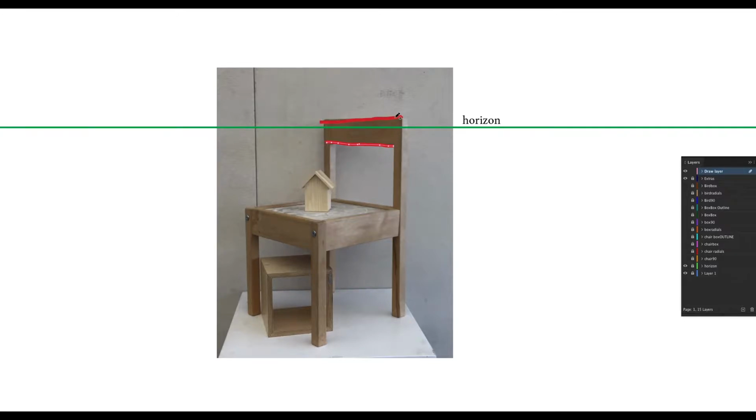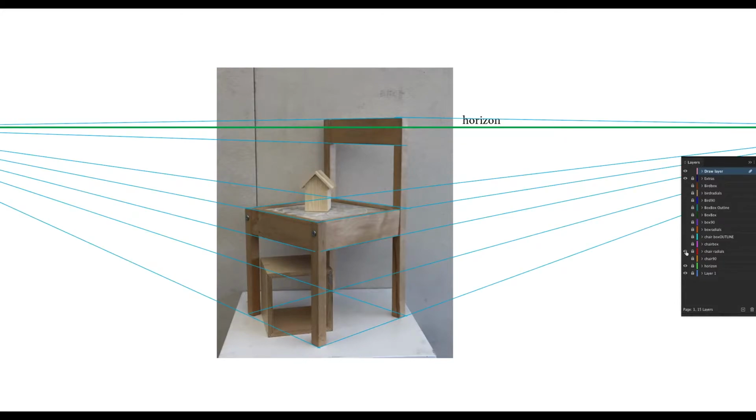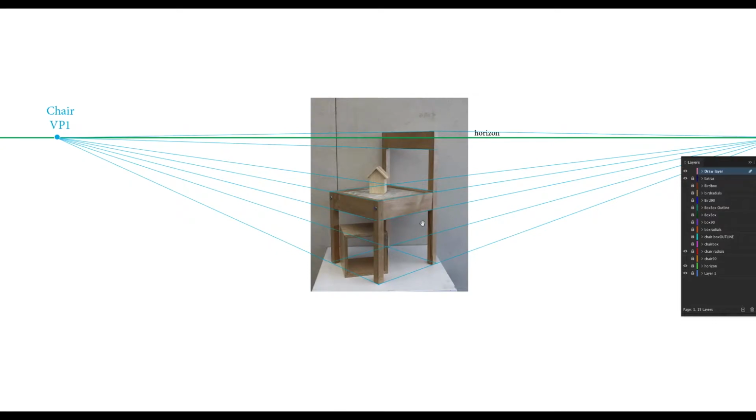This is the only, well, this one too, but on this entire image, these are the only lines that slope down toward a vanishing point. Everything else has an upward slope. So that's how I determined the horizon.